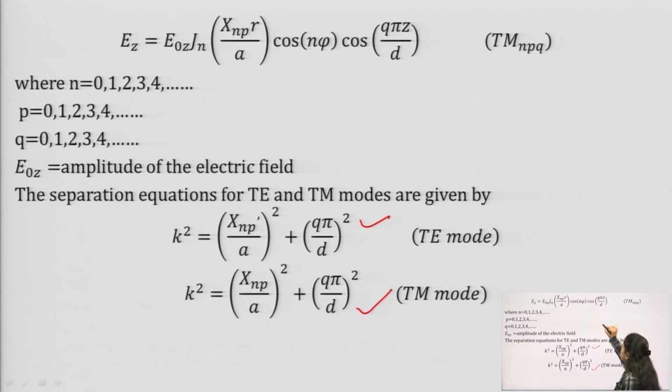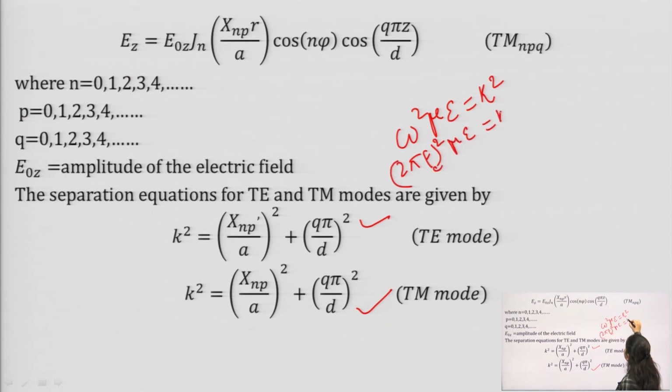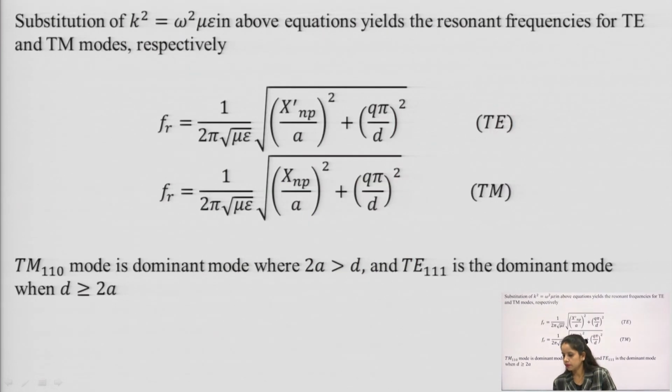Of course, the resonant frequency which we get from this equation will also be different for the TE and TM modes. Substituting in k squared equals omega squared mu epsilon, the resonant frequencies for the TE and TM modes are different, and you will have these values for the TE and TM modes of the circular cavity resonator.